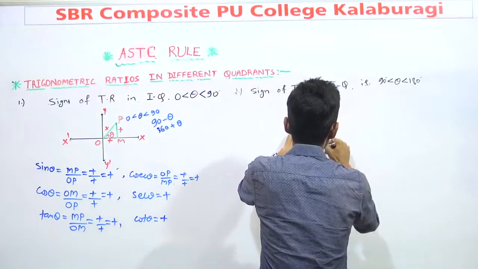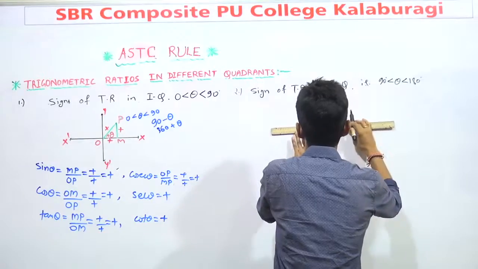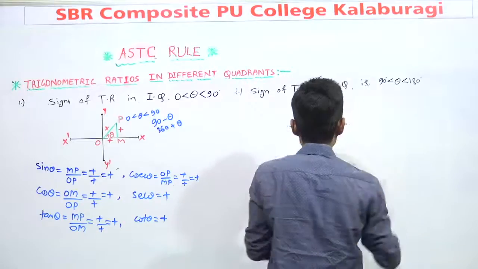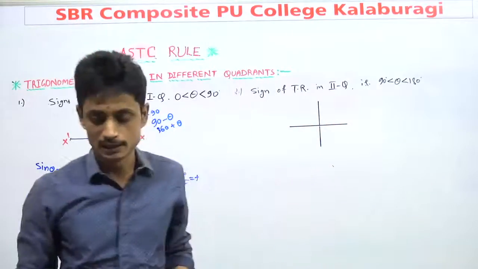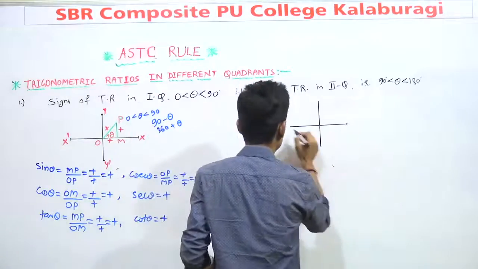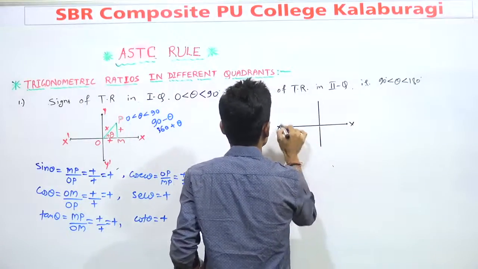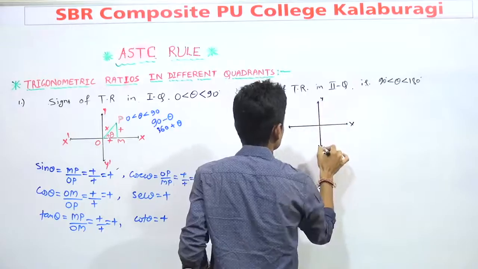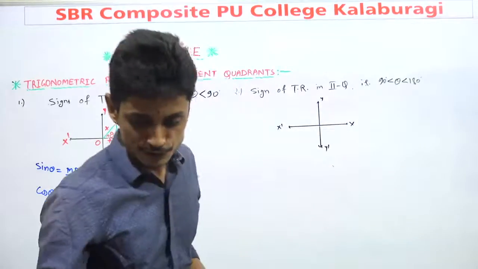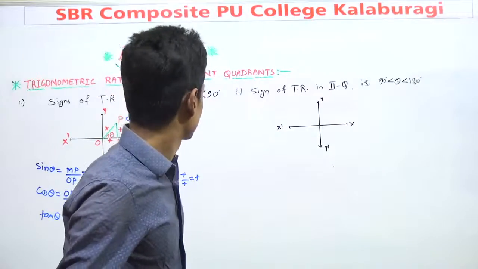Okay. Now we'll go through the diagram for that, where once again you have to construct two perpendicular lines. These two perpendicular lines will divide a plane into four parts. Already we call those four parts quadrants. There are four quadrants: x dash, y dash. Okay, now go for the terminal side.